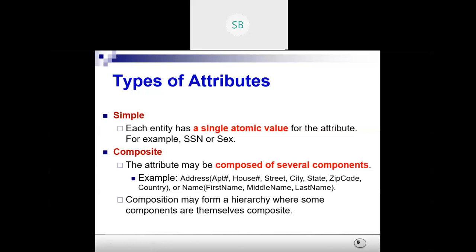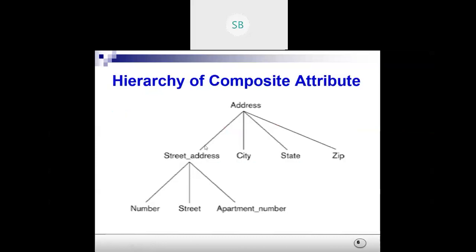All these things fall under composite attributes. Generally, a composition will form a hierarchy. You can see why it is called hierarchy: address is composed of street address, city, state, and zip.